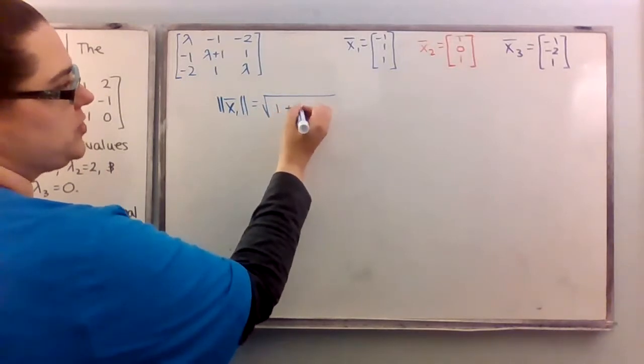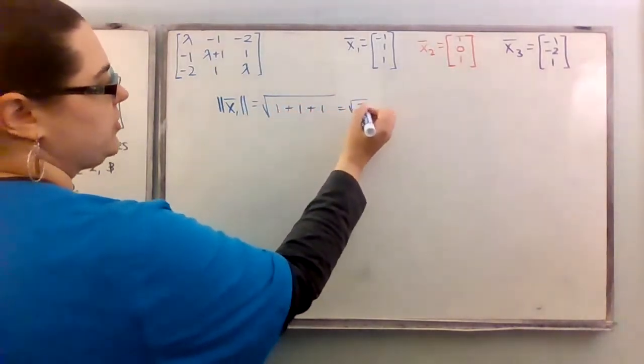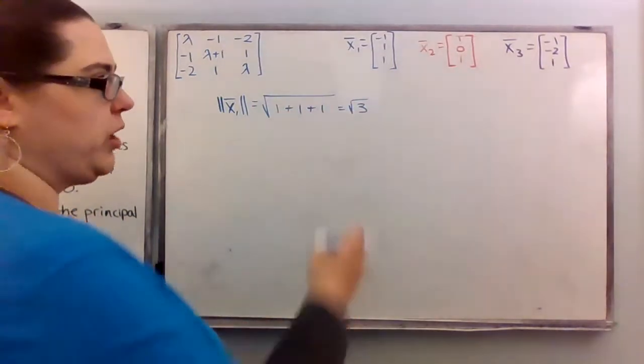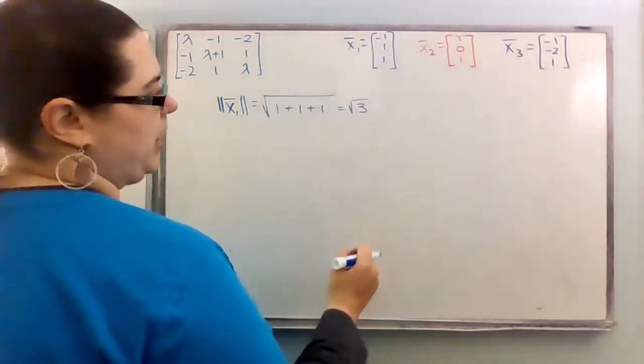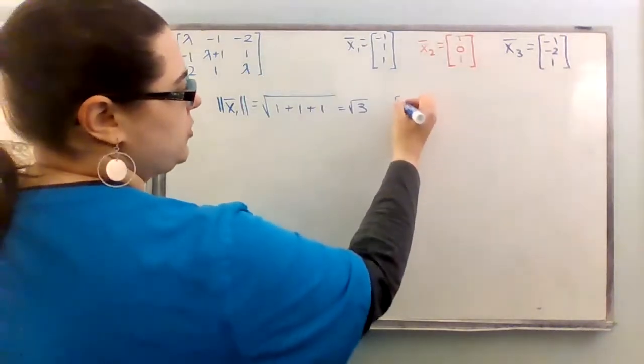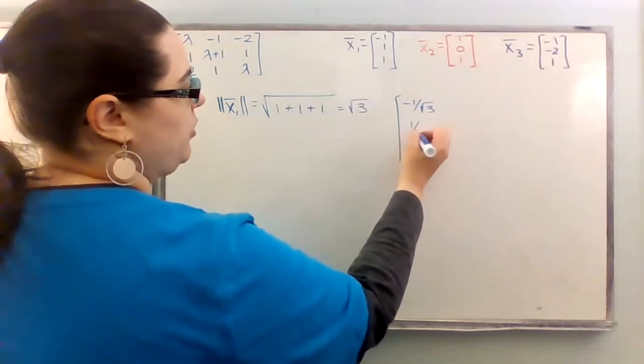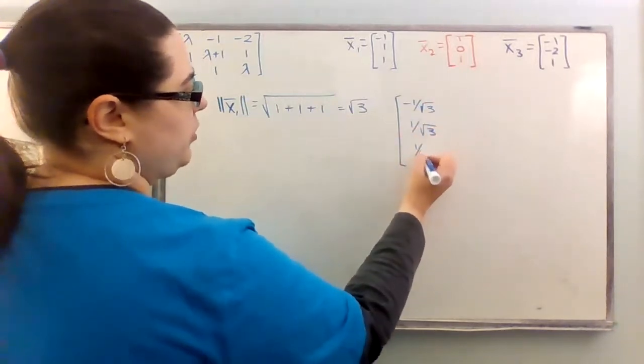So we're going to get 1 plus 1 plus 1. So we get the square root of 3. So to normalize x1, we just divide everything by root 3. So we're going to get -1 over root 3, 1 over root 3, and 1 over root 3.